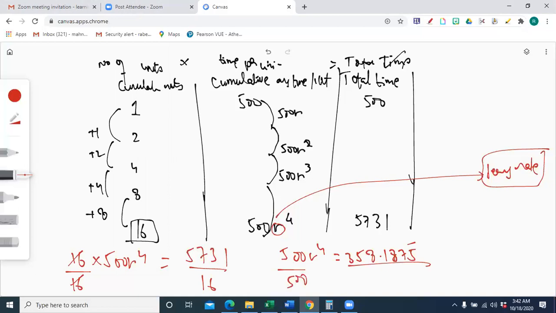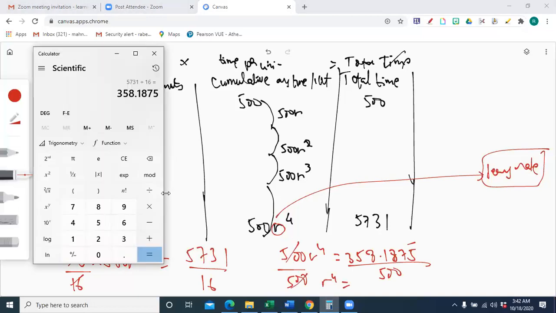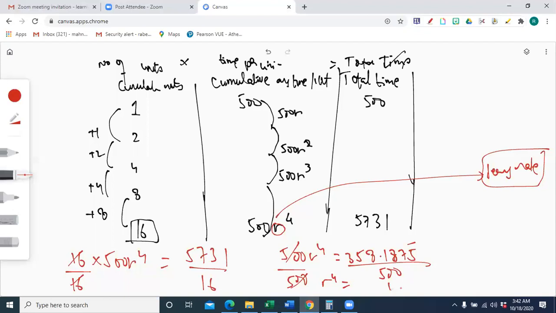This will be R^4 on one side, and 358.1875 divided by 500 gives 0.716375 on the other. Now just take the fourth root on both sides. This is going to be R here, and here you'll be taking the fourth root.